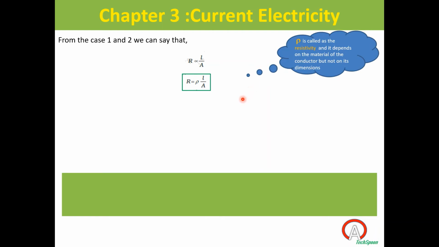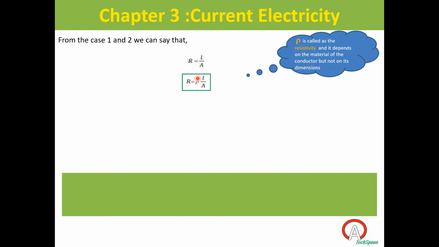The resistivity of a conductor rho depends on the material of the conductor, but does not depend on its dimensions. Resistance, we studied, depends on the material and also the dimension. But this constant resistivity depends only on the nature of the material, and does not depend on length and area of cross section of the conductor.